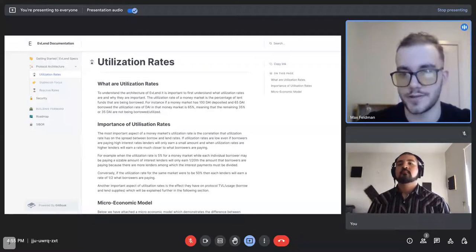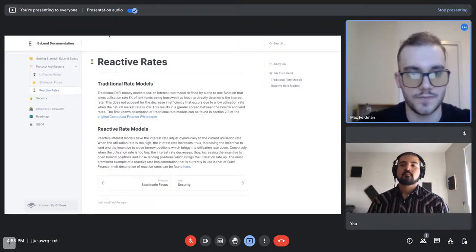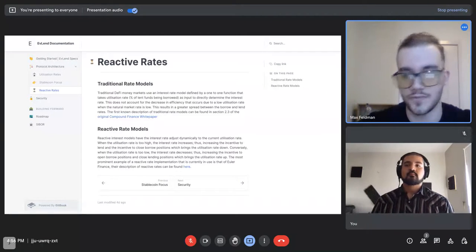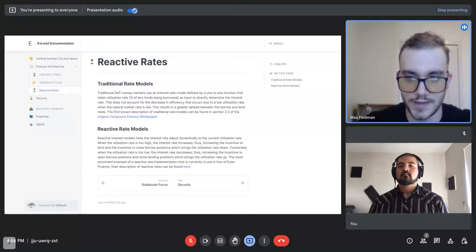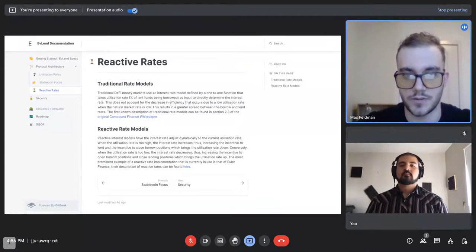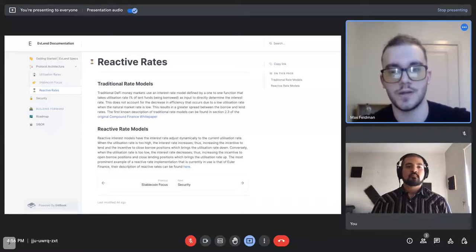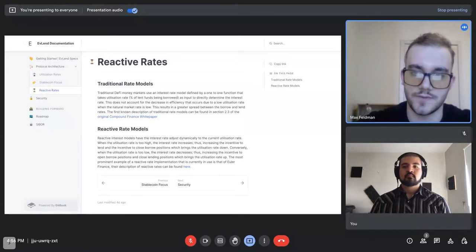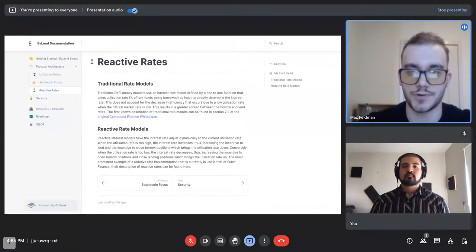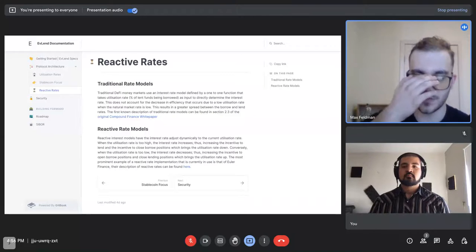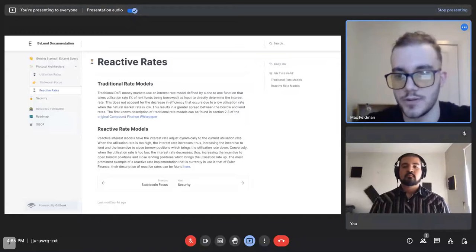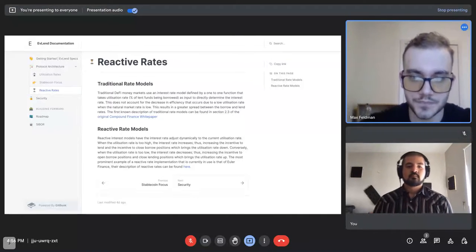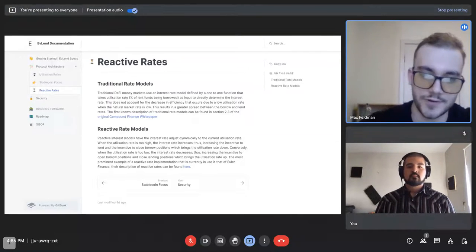So now I think it would be good to hop into the reactive rates part of this. First, let me tell you about the traditional rate model, how people have decided interest rates in the past. And then from there, I'll tell you about reactive rates. So the original way within DeFi that interest rates were determined was through the traditional rate model, which was first outlined by Compound in their original white paper and was deployed shortly thereafter.